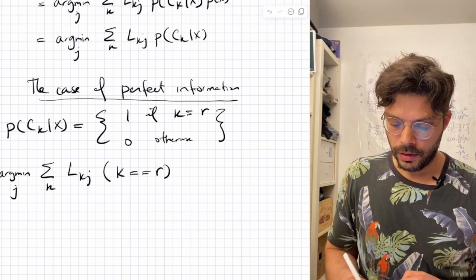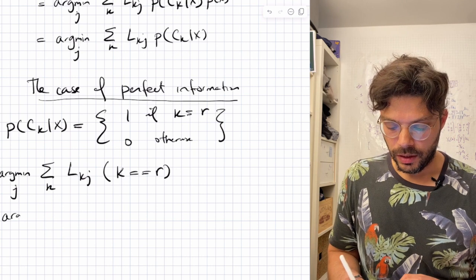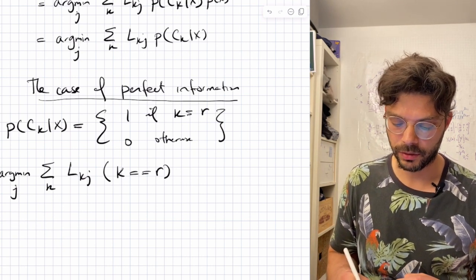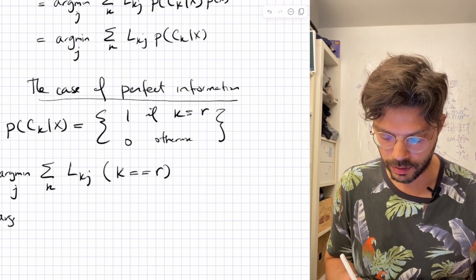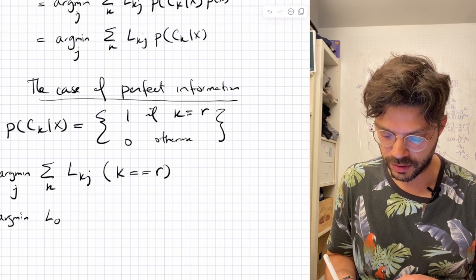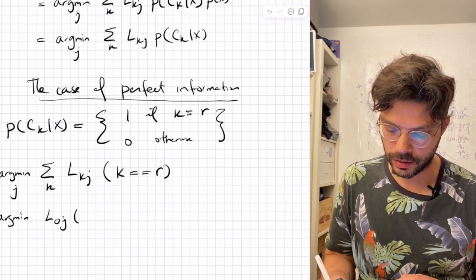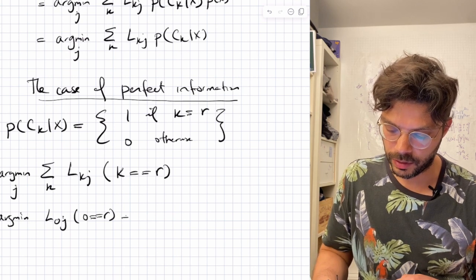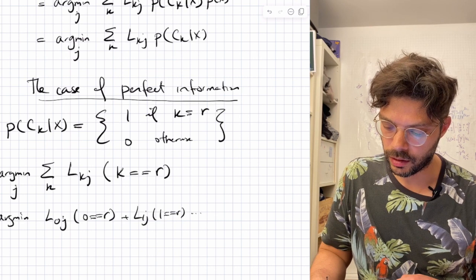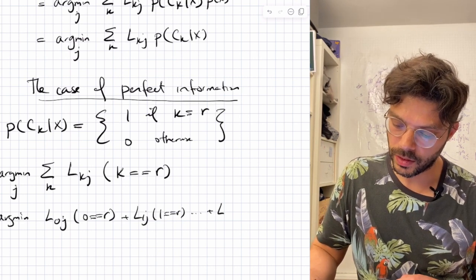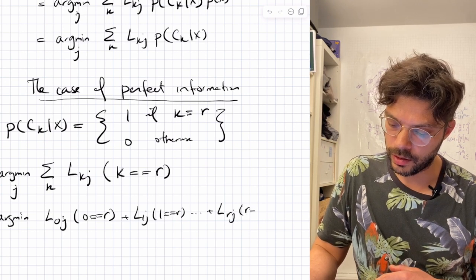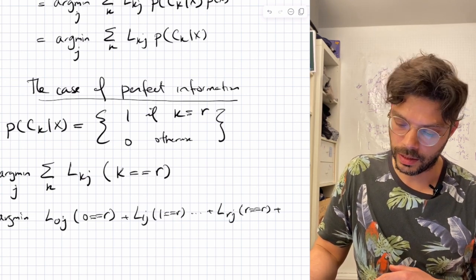So what this amounts to is argmin over j. Maybe I should spell it out, to show you what I mean. We've got L_0j times the indicator that 0 equals r, plus L_1j times the indicator that 1 equals r, plus dot dot dot, plus L_rj times the indicator that r equals r, plus dot dot dot.